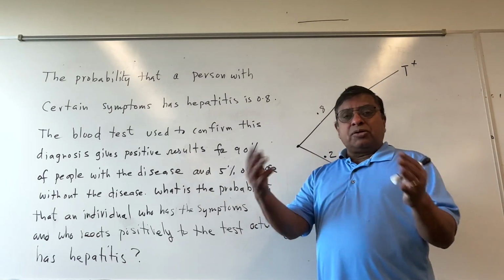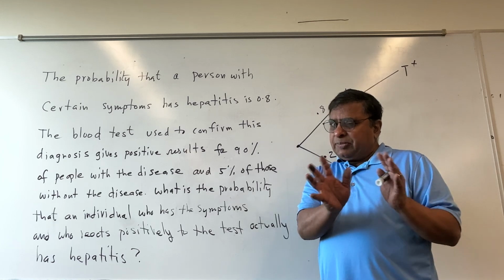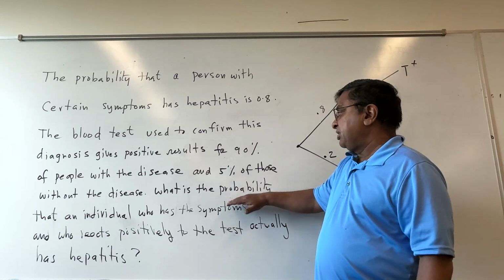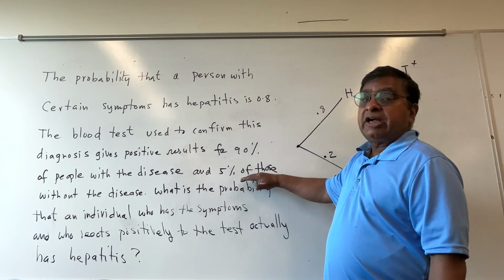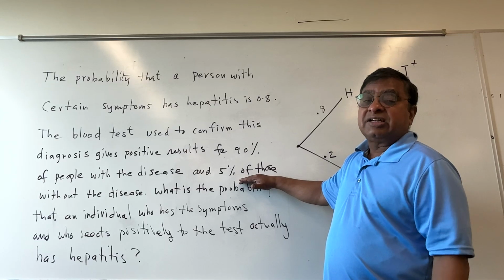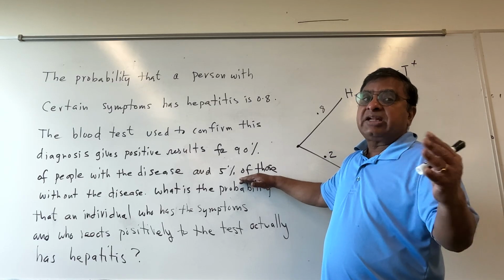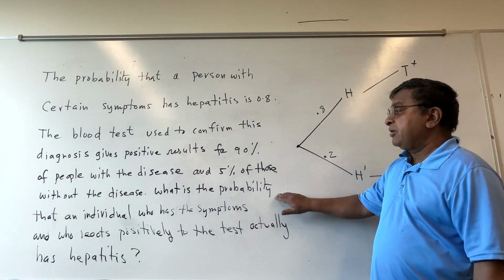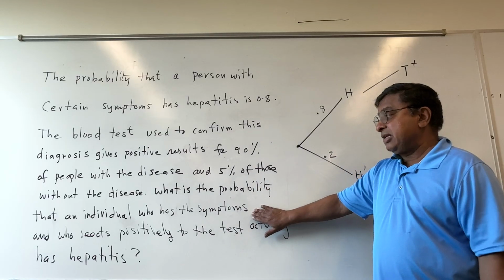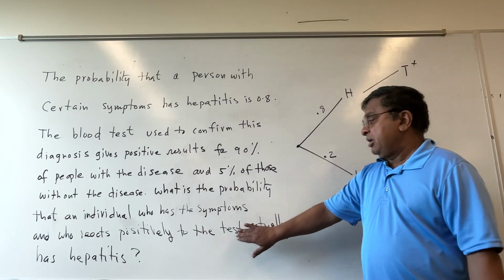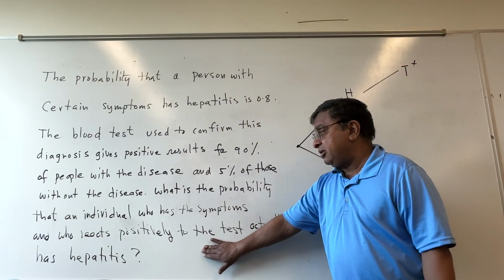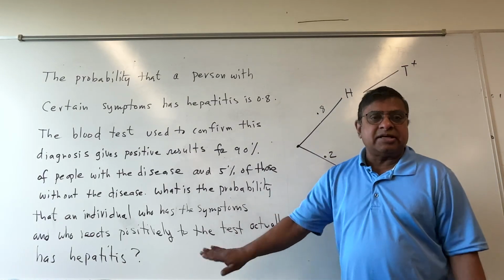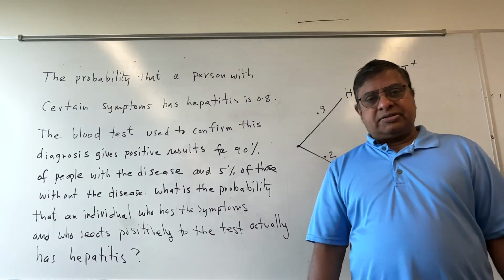And if a person goes there with symptoms but doesn't have hepatitis, 5% of the time the test shows the person might have hepatitis. So this 5%. Now the question is, what's the probability that the individual has the symptoms and tests positive actually has hepatitis? That's the question we have to answer.